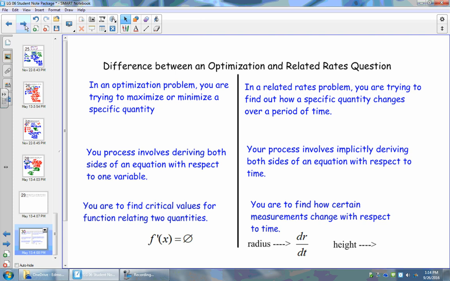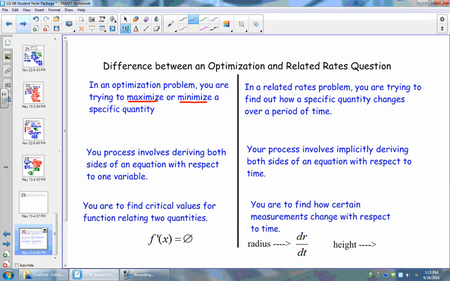In an optimization problem, you are trying to maximize or minimize a specific quantity. So if you see the question, find the maximum sum or the minimum length of wire, etc., you know that that's an optimization question. So that's not when you're taking the derivative of everything using implicit differentiation. You're just simply using that first derivative test and so on.